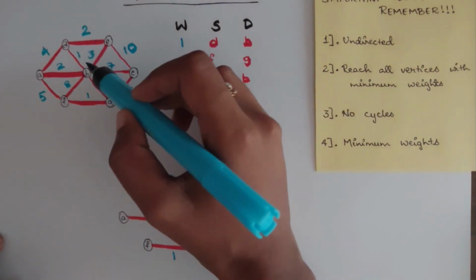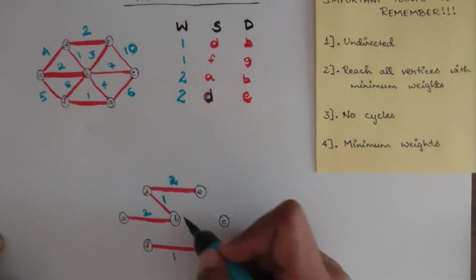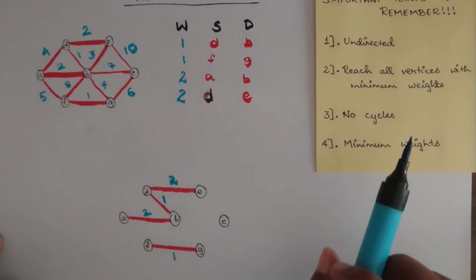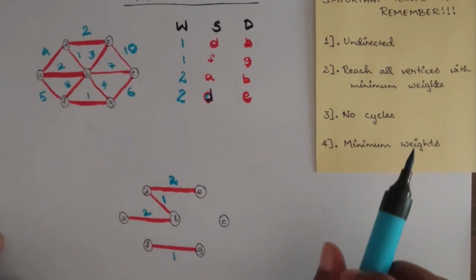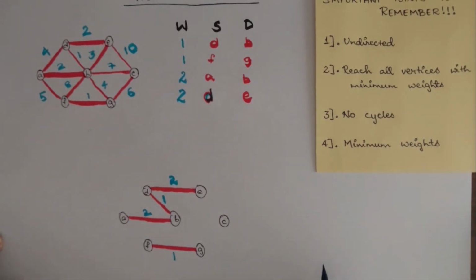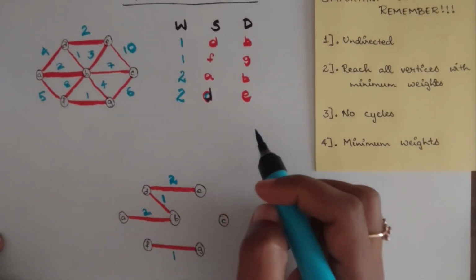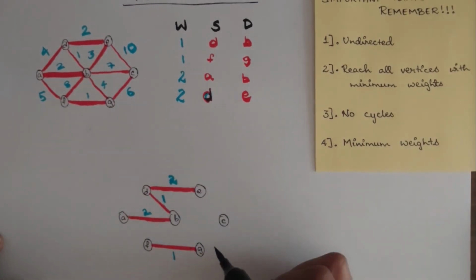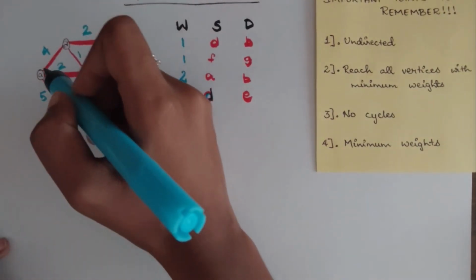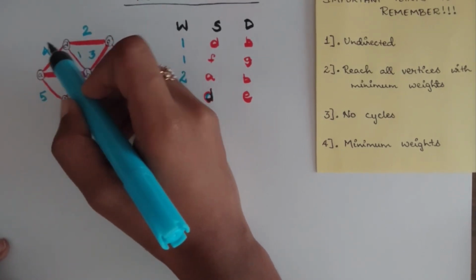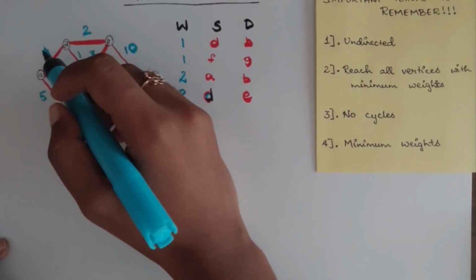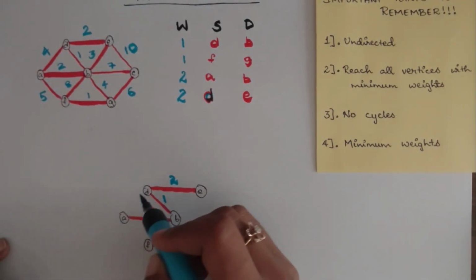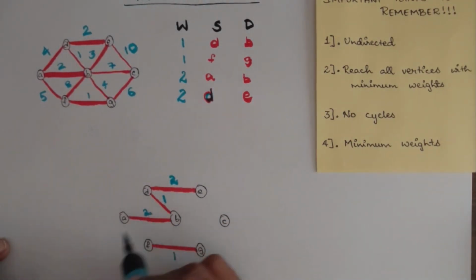Next minimum weight is 3. But when we try to consider the minimum weight 3, it forms a cycle. And it is an important point to find the minimum cost spanning tree that it should not form a cycle. So we can't consider the weight 3. The next weight is 4. When we consider the edge A to D with weight 4, we can't take that because that also forms a cycle ABD.